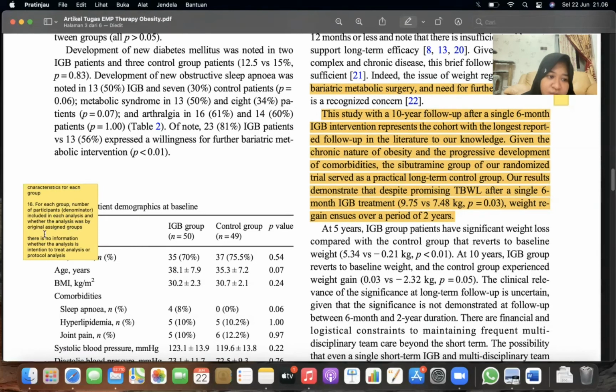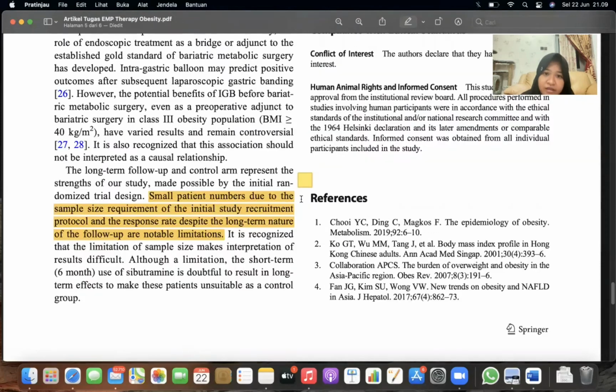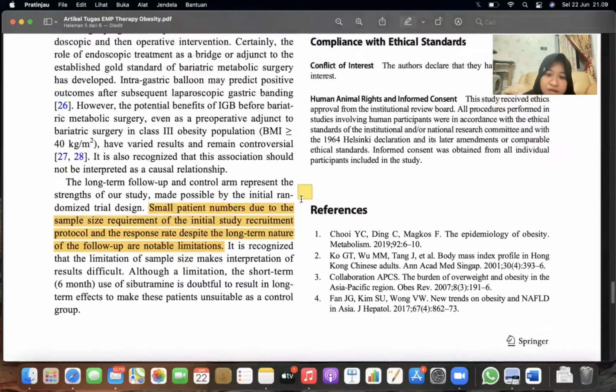There is no information whether the analysis is intention to treat analysis or per protocol analysis. Okay, because numbers 16, 17, 18, 19, the author did not report in this article.